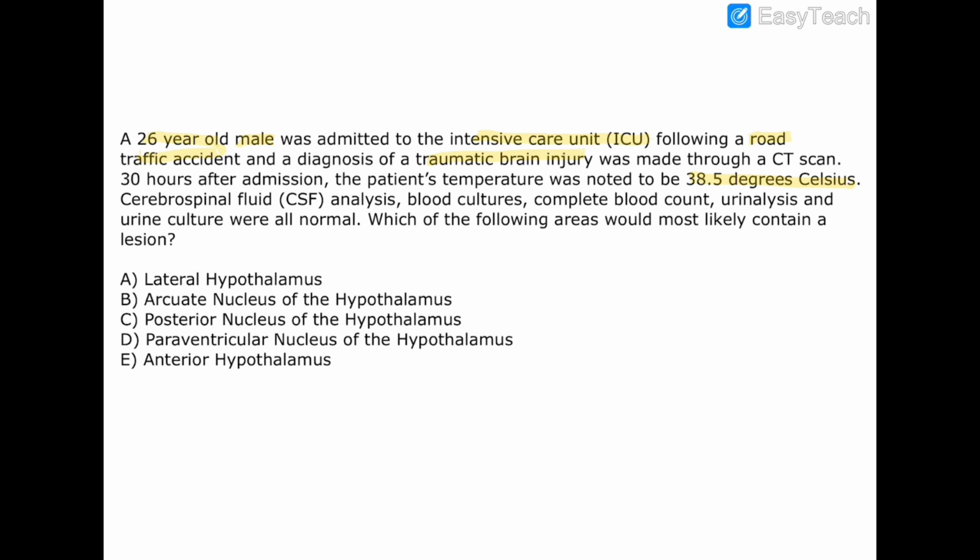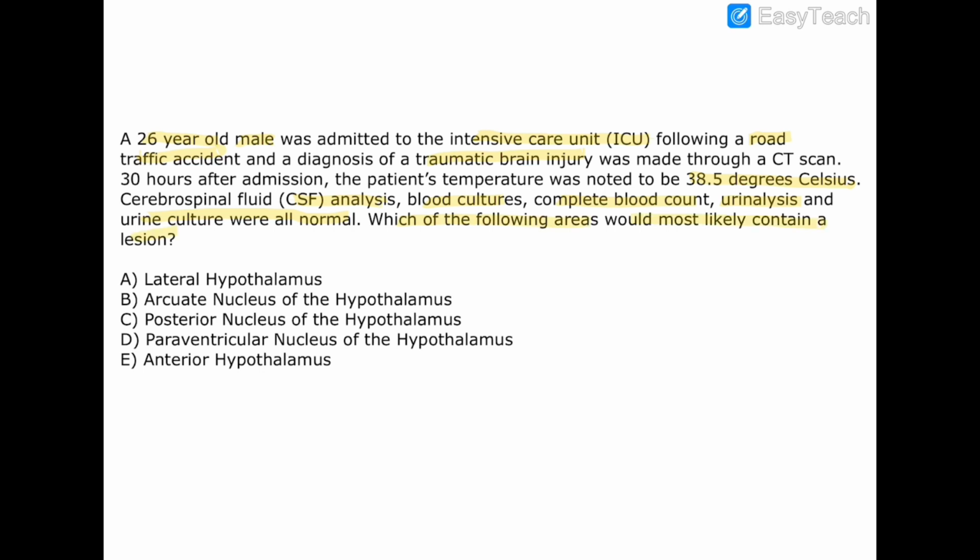However, the question also tells us that CSF analysis, blood cultures, complete blood count, urine analysis, and urine culture were all normal. So pretty much all the basic investigations that would cover infection as well as potentially inflammation are all normal. Specifically, they want to know your neuroanatomy in this question, because the question asks, which of the following areas would most likely contain a lesion?